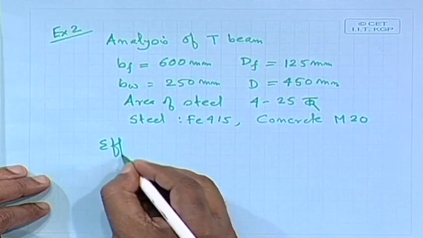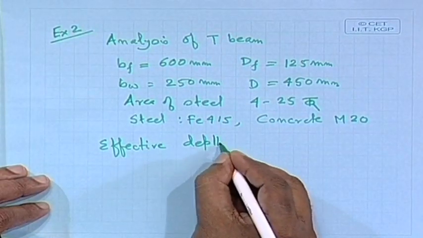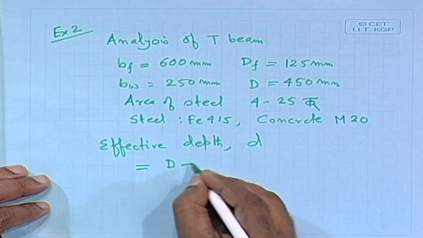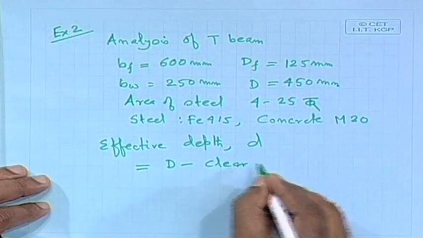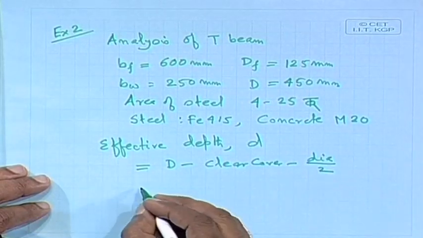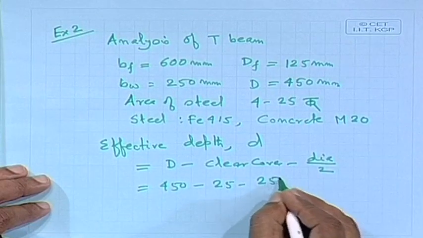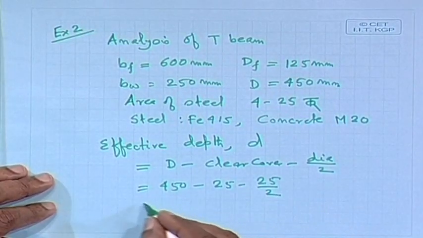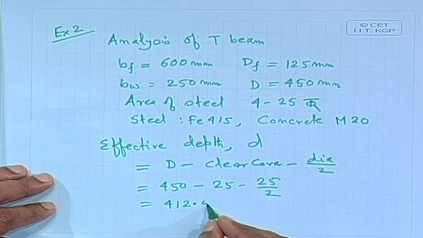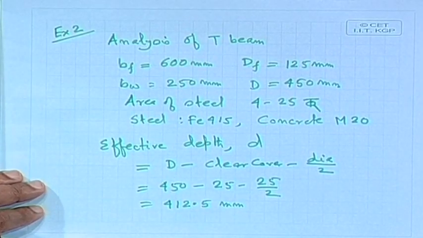Effective depth d equal to overall depth minus clear cover minus dia by 2, equals 450 minus 25 minus 25 by 2, which comes as 412.5 millimeter.